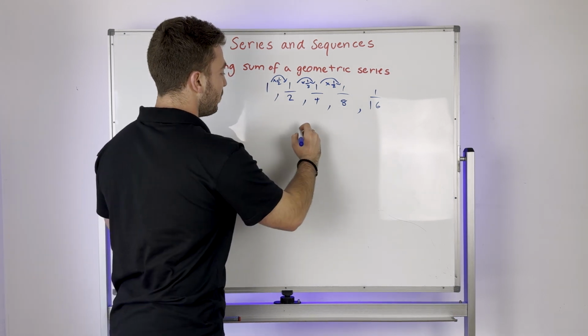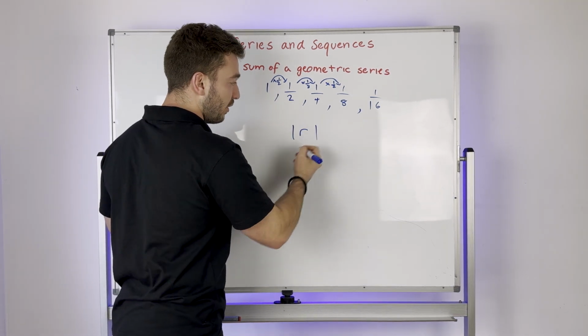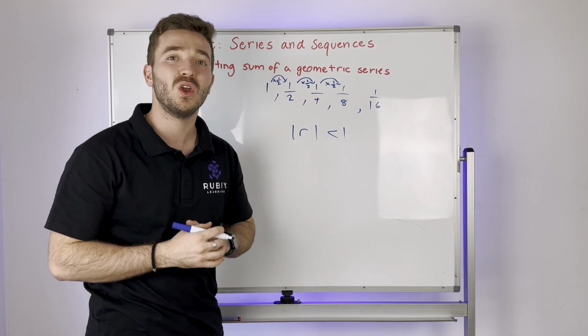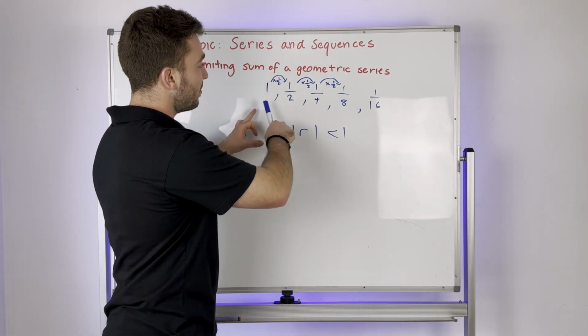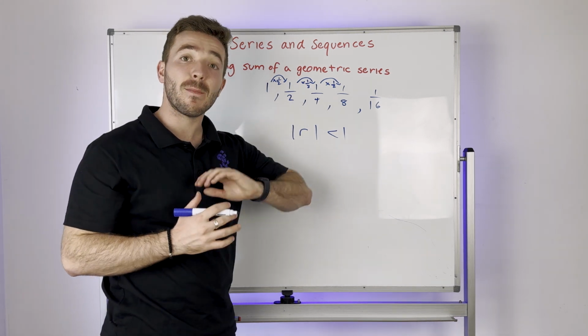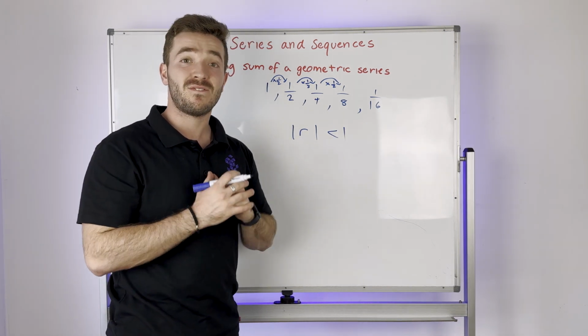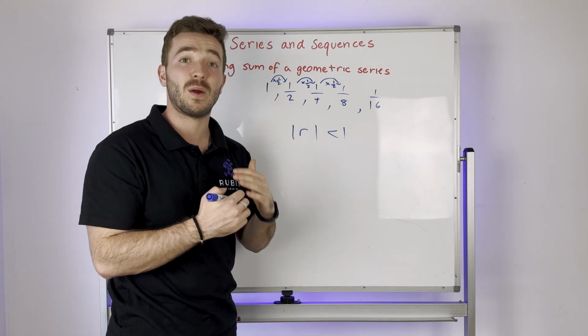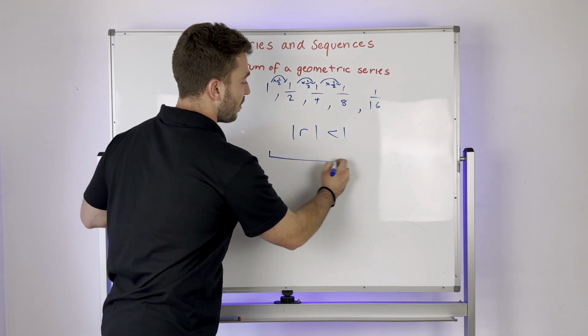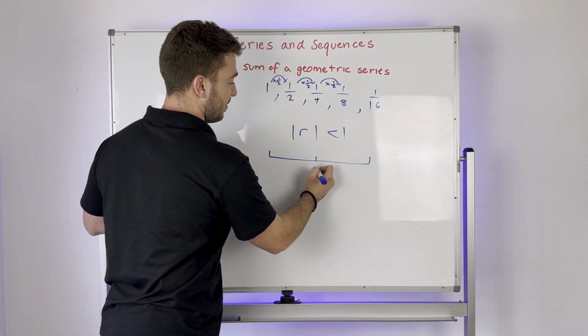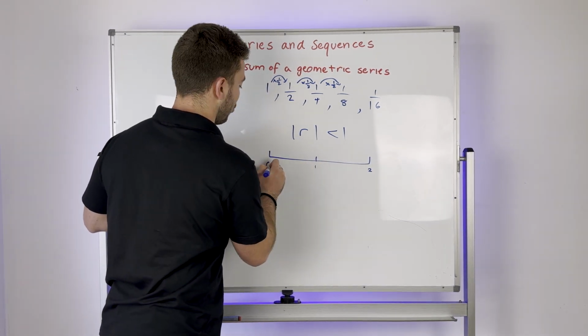When we have ratios where the absolute value of that ratio is less than 1, we have what we call a limiting sum. That is because if we were to add these numbers together up until infinity, eventually they would converge to a specific number. If you think about it, on a number line, this is the number 1, this is the number 2.